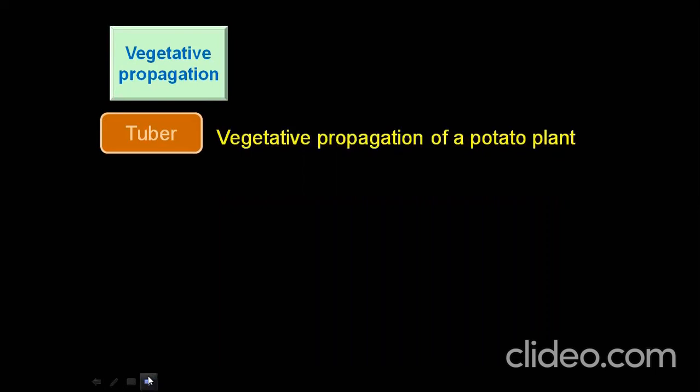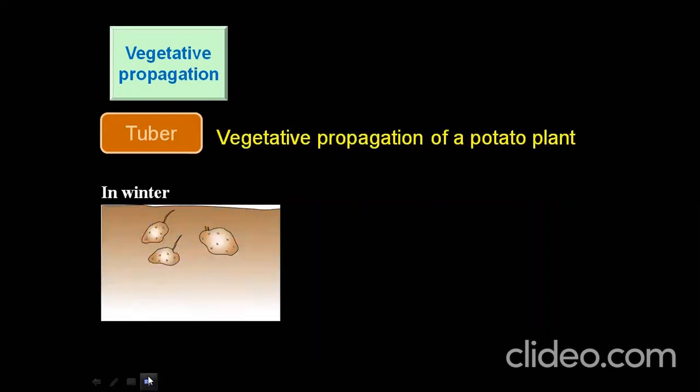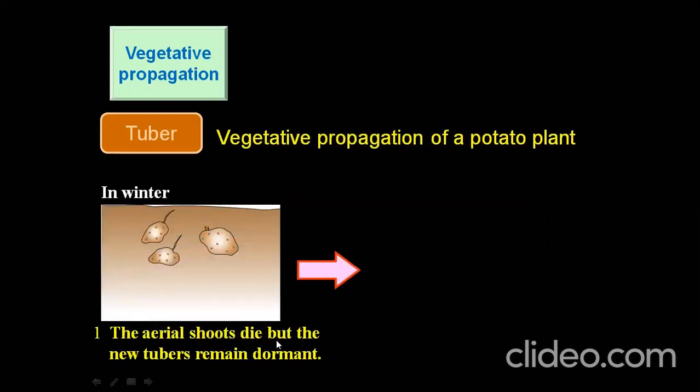Vegetative propagation of potato plants. In winter, the aerial shoot dies. Aerial shoot means the outer part of the plant dies, but the new tubers remain dormant, right?